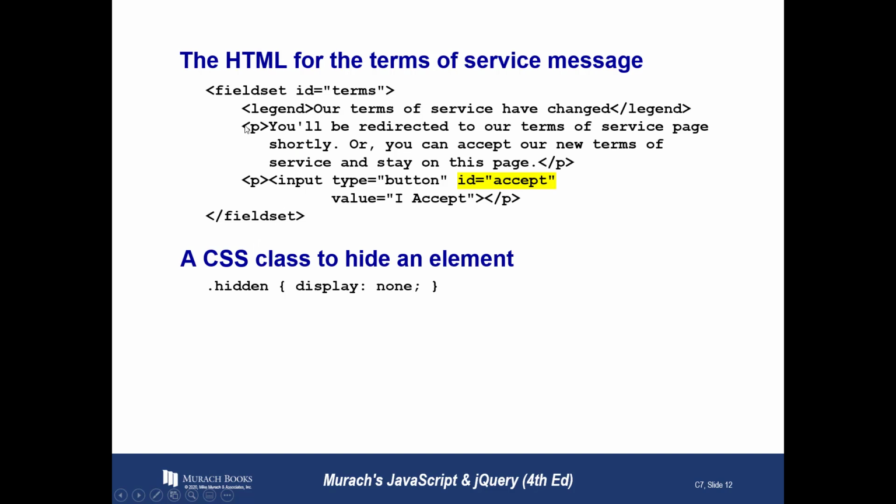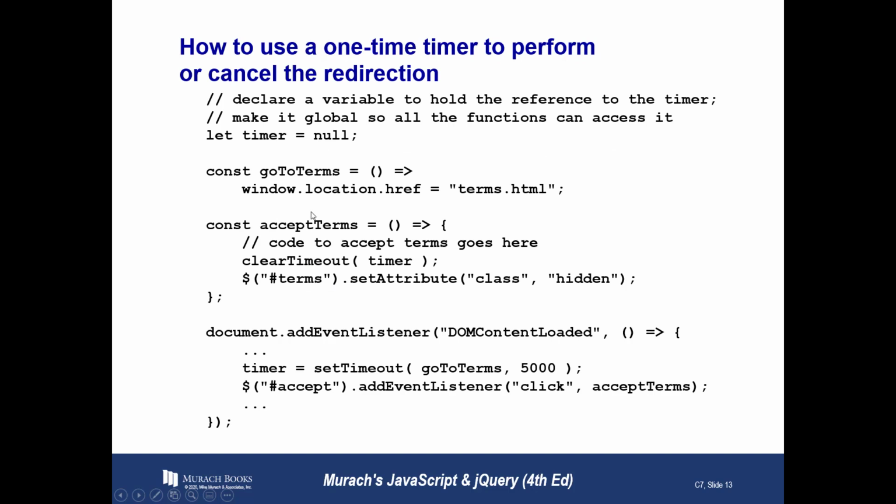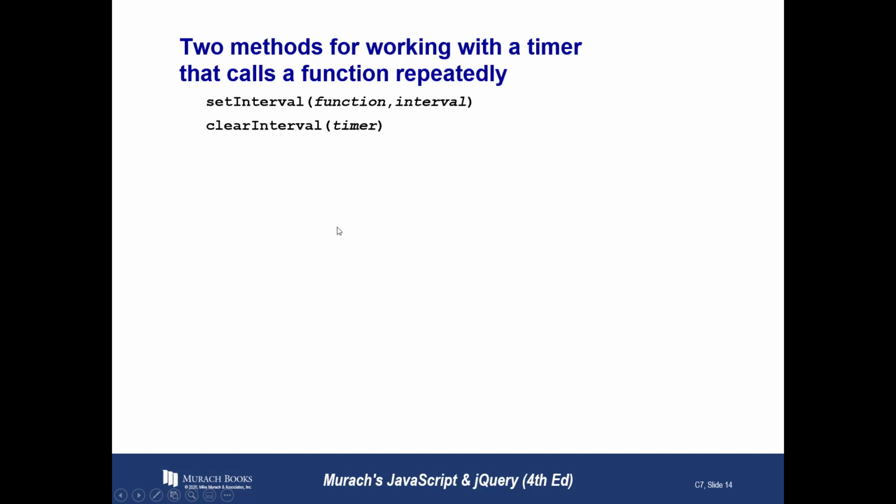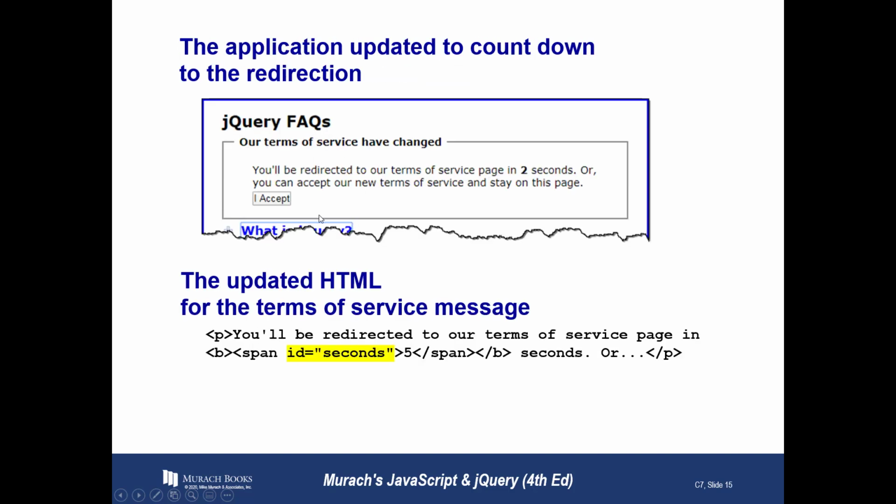So with the class of hidden, it won't show at first. How to cancel it? Well, you have a setTimeout, you cancel it with a clearTimeout. Same kind of thing with an interval. But remember, an interval, typically you set it up with milliseconds, where there's 1,000 milliseconds in a second.